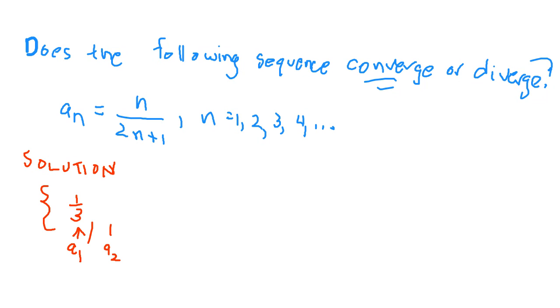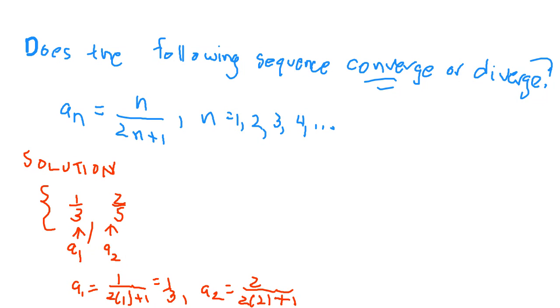What's the second term going to be? Good, 2 over 5. So are you seeing this? A sub 1 is just 1 over 2 times 1 plus 1. That gets you a third. A sub 2 is just 2 over 2 times 2 plus 1. That gets you 2/5.